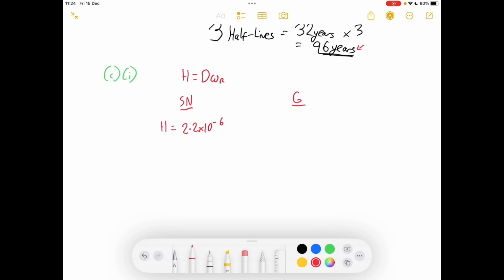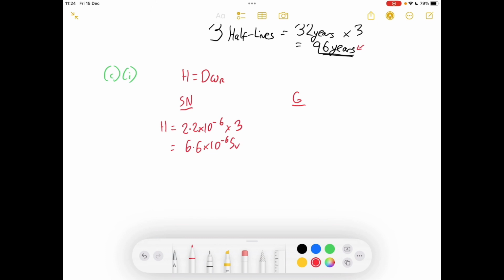Remember, micro, with the wee kind of funky U, it looks like this. That means minus 6. So, omega R, the radiation weighting factor for slow neutrons from the data sheet, is just 3. Then if you calculate that out, you would get the value H to be 6.6 times 10 to the minus 6 sieverts. That's for slow neutrons.